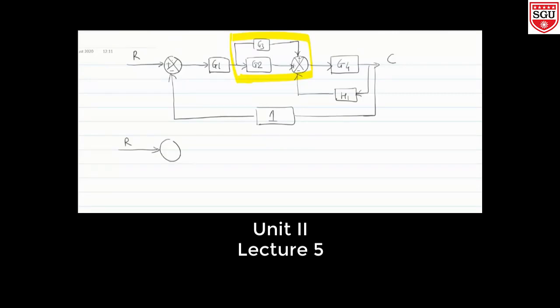R will remain the same. In the exam also you have to do it like this only. G1 will be the same. And G3 and G2, what will happen? By the parallel law, they will combine to G2 plus G3. Then afterwards, everything you have to do stepwise. Don't skip the steps. You have to show the steps so that it will be understood.